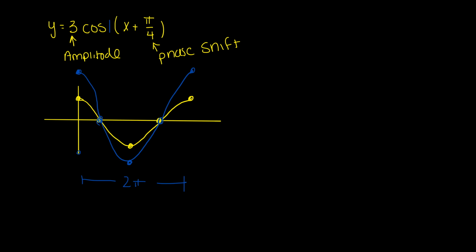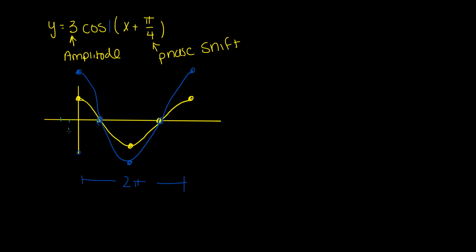All right, now my translation is moved back by pi over 4. So if I'm going to draw this, I have to look at moving this to the left.